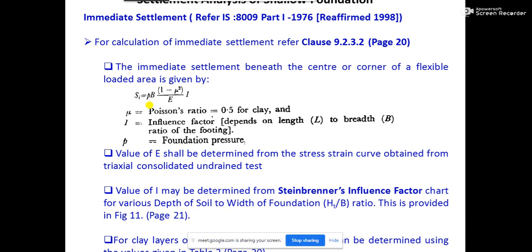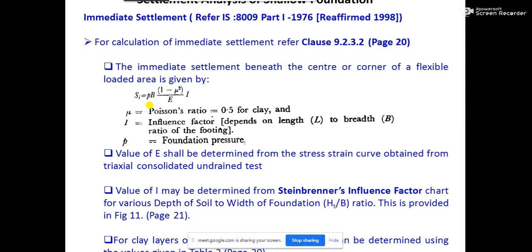There is also another assumption, that the footing is a flexible footing. Now, in most cases you will find that the footing will not be resting on the ground, right? So the footing will be at some depth.